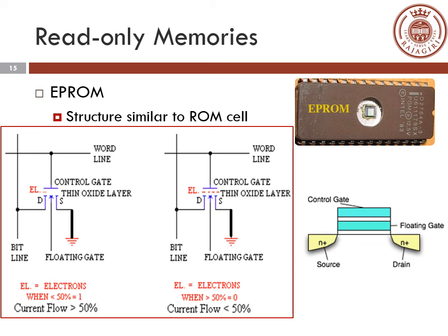This MOS structure has an extra floating gate, and by applying a high voltage to the floating gate, you can store charges near the thin oxide area. By the amount of charge you store there, by applying a high voltage, you can make the transistor permanently off.